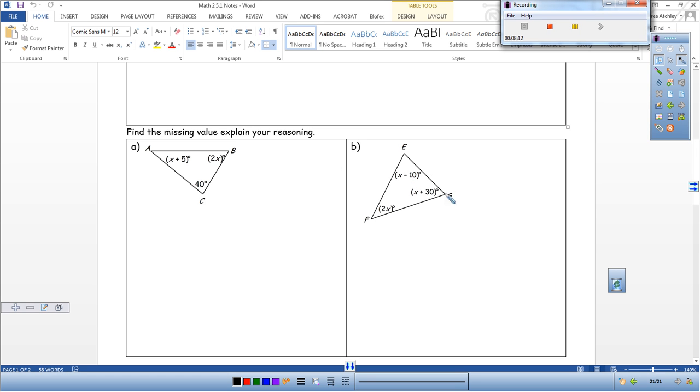Okay, this is a triangle. I have all of the interior angles of that triangle. So we're going to use the sum of the interior angles of a triangle equals 180 to find x here.